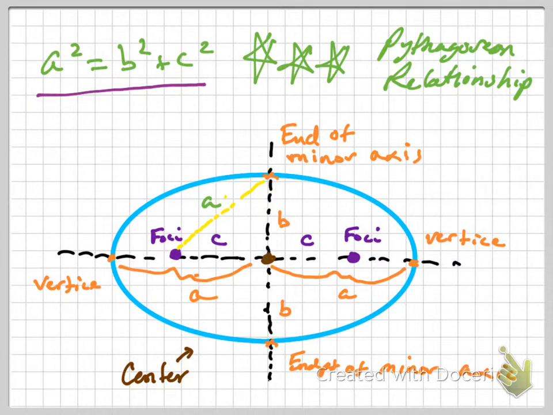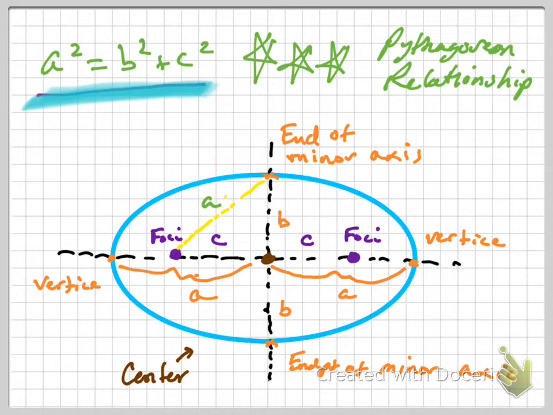And then finally, C is the distance from here to here. Each of these, the center to the vertex is the major axis, that's A. The center to the end of the minor axis, that's B. And the center to the focus is C. And again, this relationship is extremely important. You need to know that.